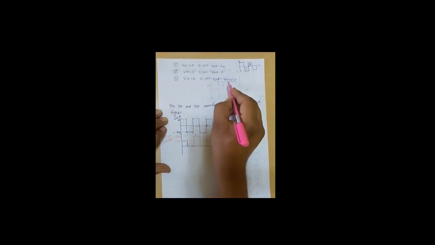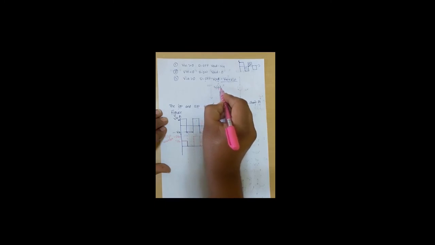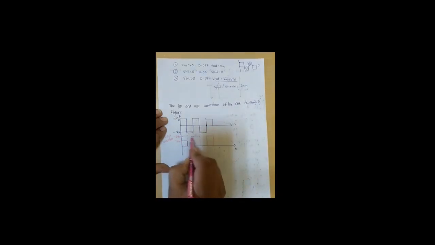During the next positive half cycle, the input voltage equals Vm. Substituting that Vm in this equation, we get V out equals Vm plus Vm, which is 2Vm. At that time the diode is operated in the reverse bias condition and is open circuited, so the output voltage equals 2Vm. Here we mention the 2Vm.